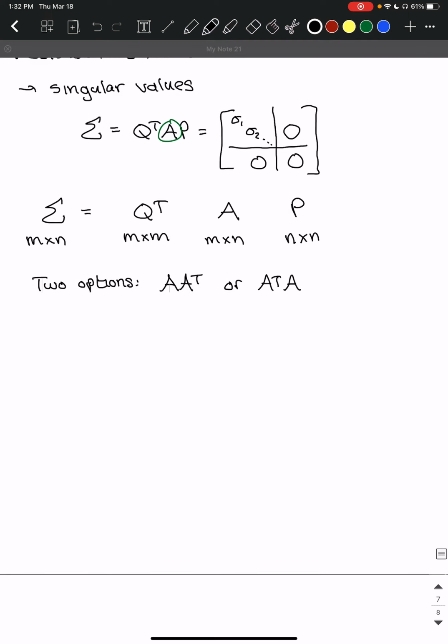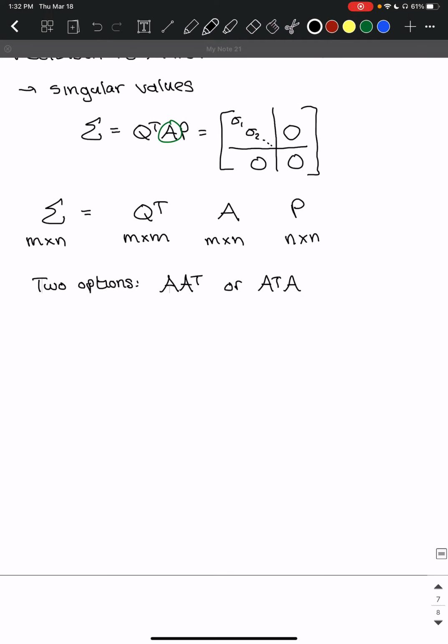So let's go ahead and look. If M is less than N, then I know that A A transpose is smaller than A transpose A. You can convince yourself of that pretty easily.